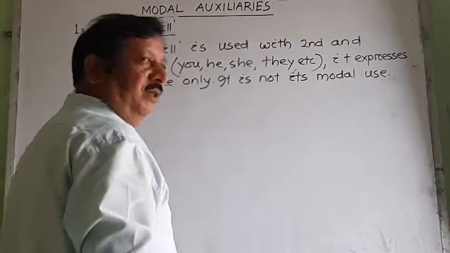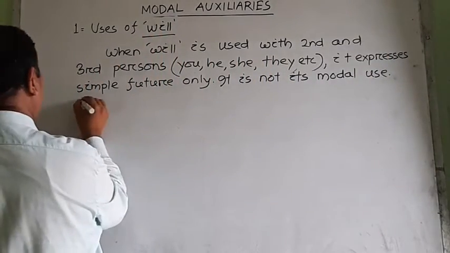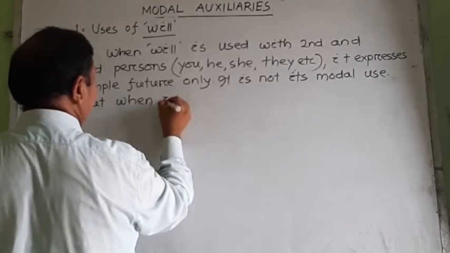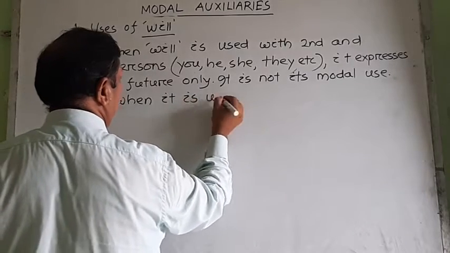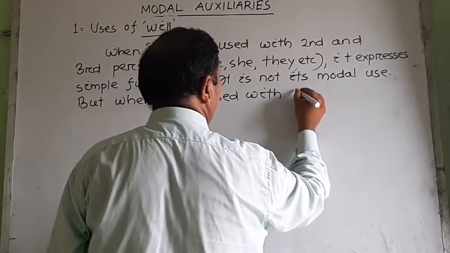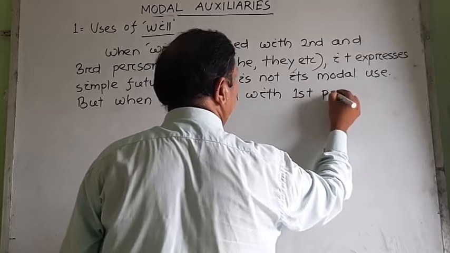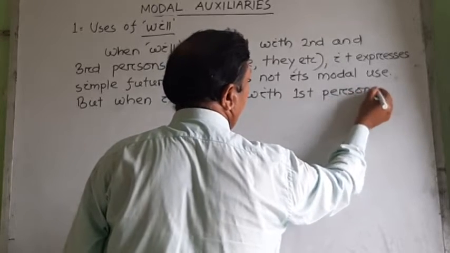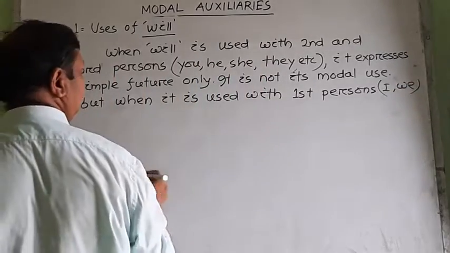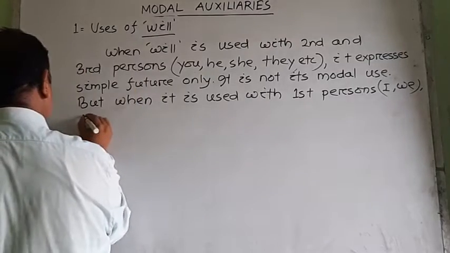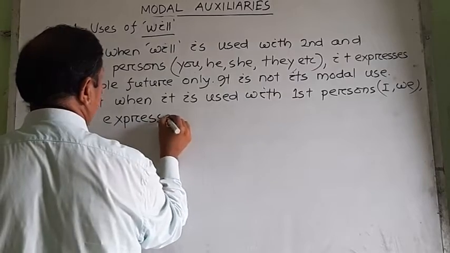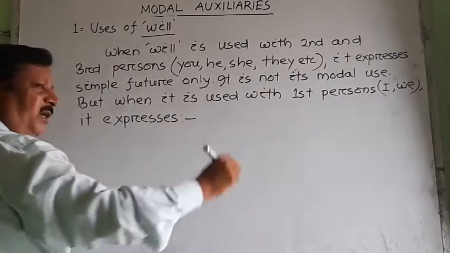But when it is used with first persons, I and we, we know that first persons, comma, it expresses what does it express then?